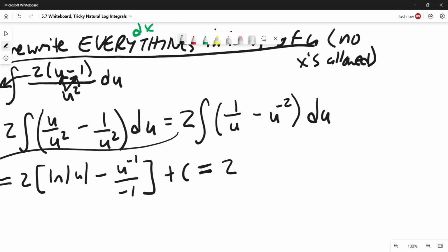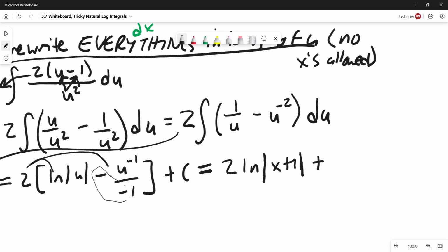2 times, doesn't really matter how we rewrite this. Sometimes they'll just go ahead and distribute the 2. So 2 ln absolute value x plus 1 is our absolute value. Minus, again, 2. Now this is minus a negative, so really I'm just going to make that a plus.